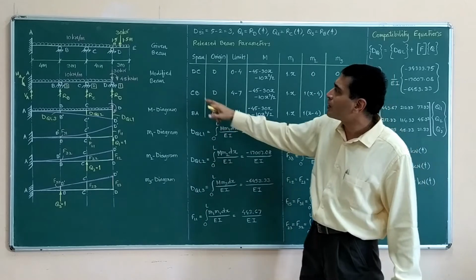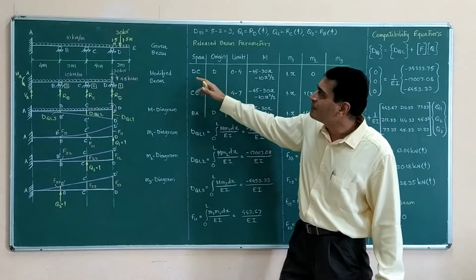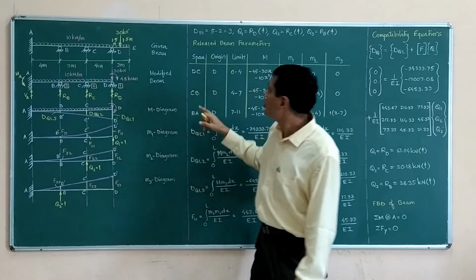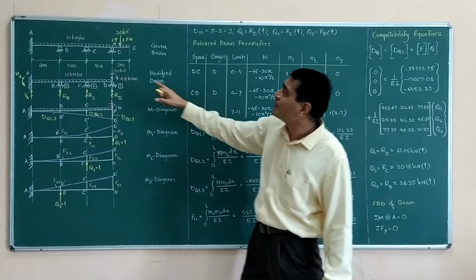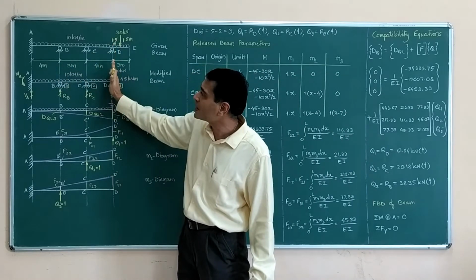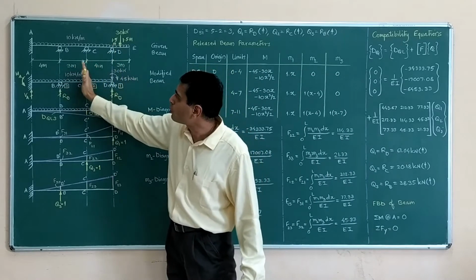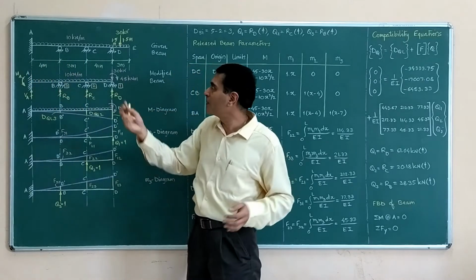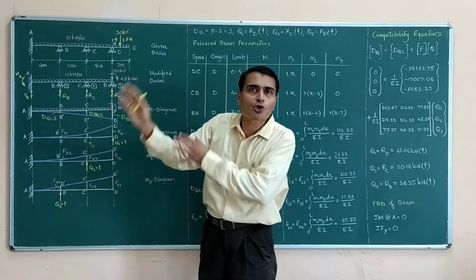And then for DC span, my limits are going to be 0 to 4. For CB span, my limits are going to be 4 to 7, because I am counting 0 from here. So 0 to 4, 4 to 7, 7 to 11. Total span is 11, ignoring this overhanging portion of course.